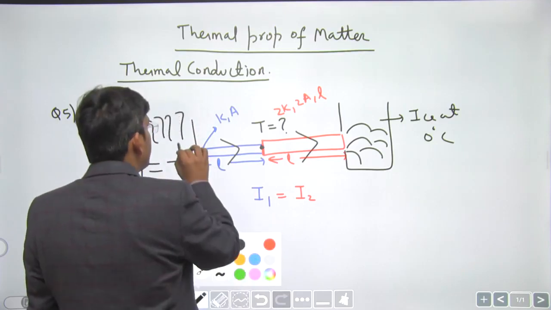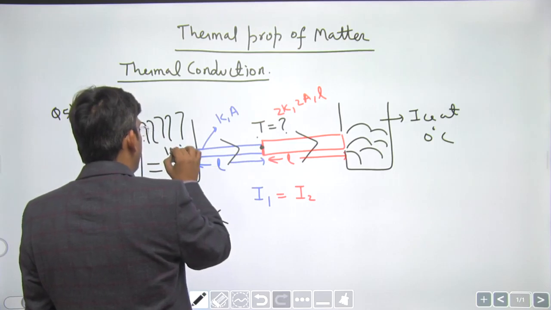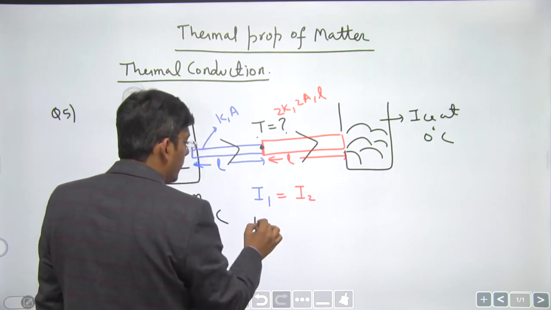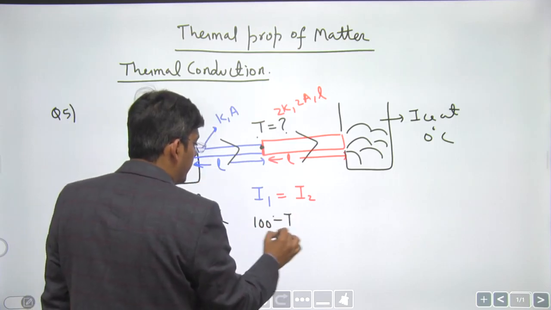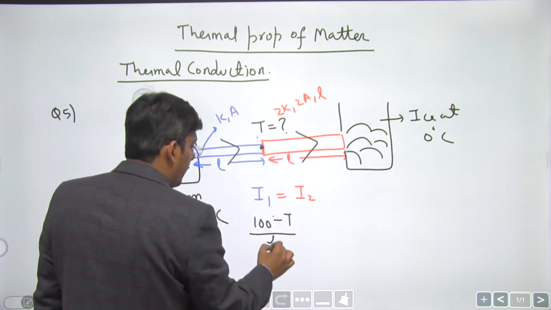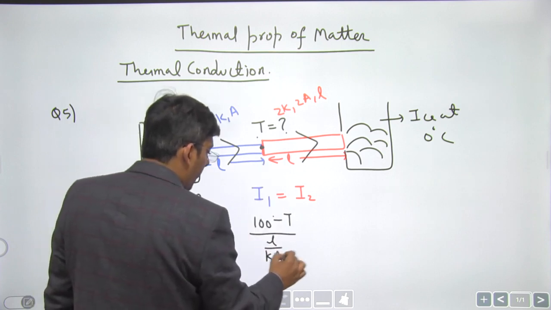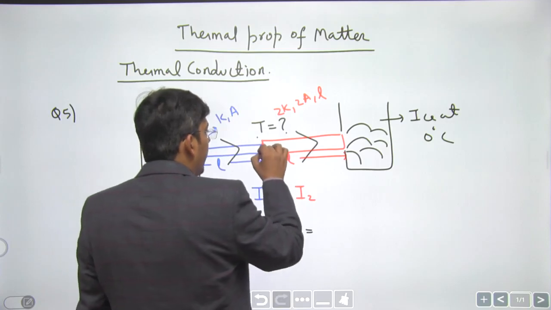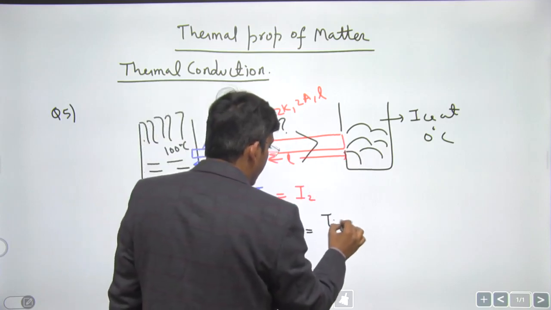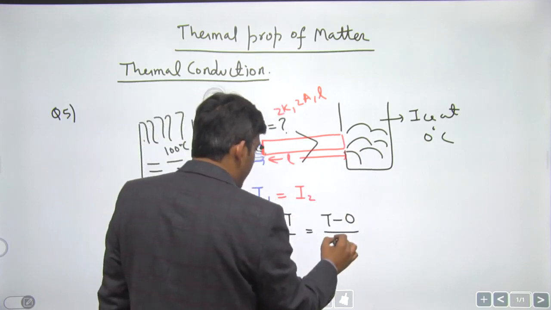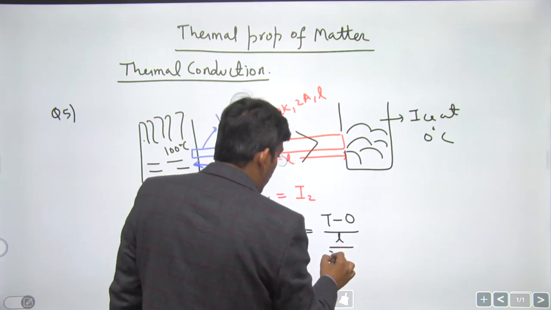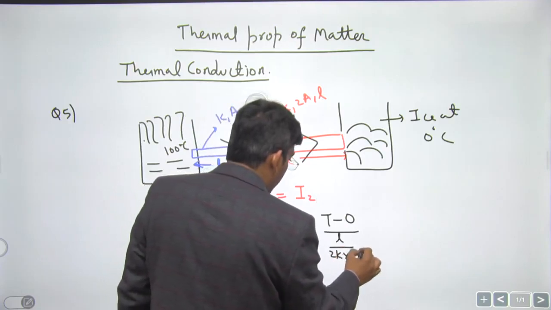Temperature difference is 100 minus T. This is 100 degrees Celsius. Resistance is L by K into area. And for this slab, heat current is temperature difference, which is T minus 0, divided by resistance, which is L by 2K times 2A.